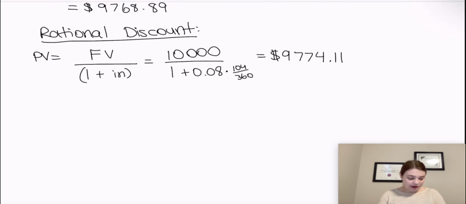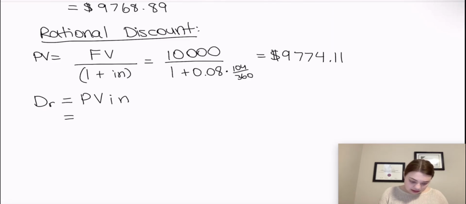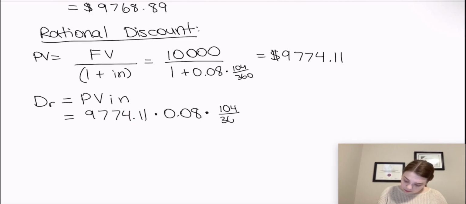Now we need to figure out the rational discount, denoted by DR, rational discount. That's going to be this present value we found here, times I times N. And that is going to be $9,774.11 times the interest rate of 8% times 104 over 360.